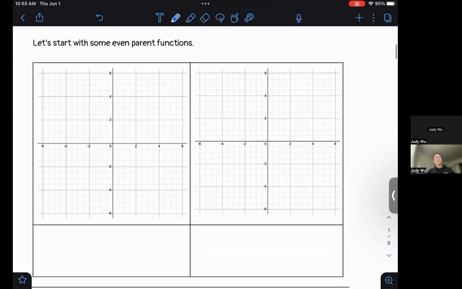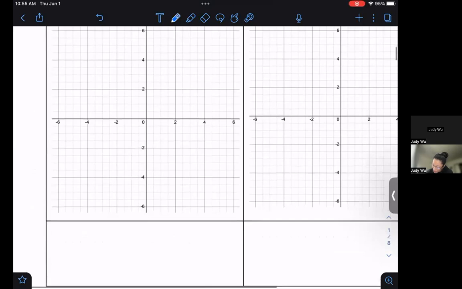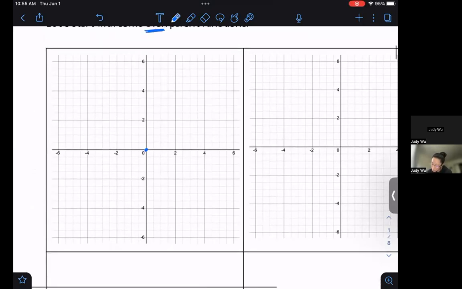And in fact, we're going to get started with some even parent functions. Okay. And the first one we're going to do right here is we're going to go ahead and start at the origin, 0, 0. And then I'm going to go ahead and graph the points 1, 1, 2, 2, 3, 3, 4, 4.